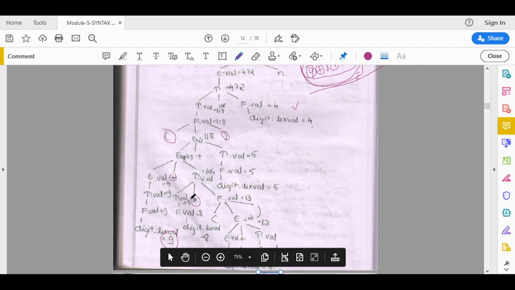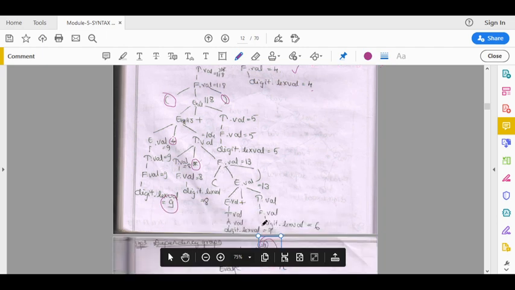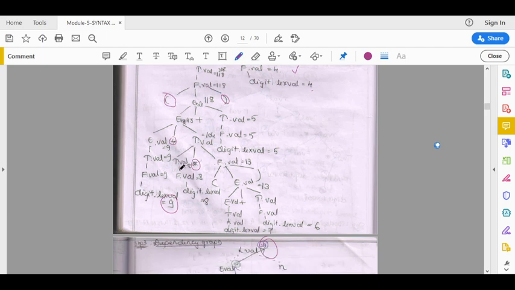So what is the other side? 8. I go with 8 into, it's actually waiting for this term. So 8 into this term here is 7 plus 6. So 7 plus 6 is 13. I get the value 13 here. 13 into the value of 8 is 104.